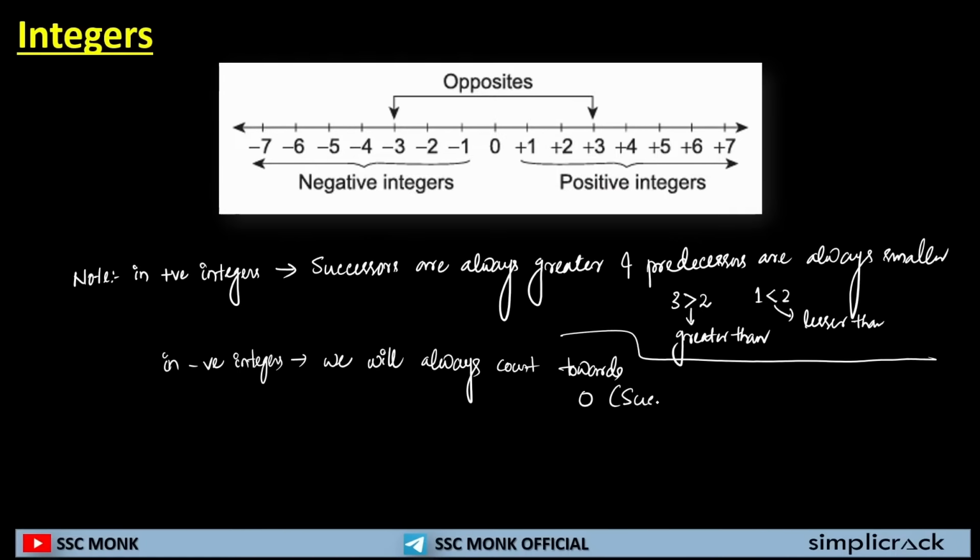That means the successor will always be towards 0. That means minus 3 is always less than minus 2. Minus 3 is always greater than minus 4. Because of the minus sign, the symbol changes. That is what you need to understand. Clear? Sorted? Next.